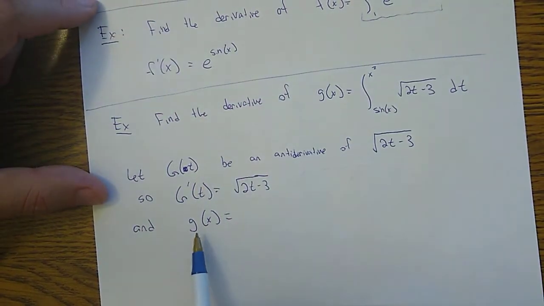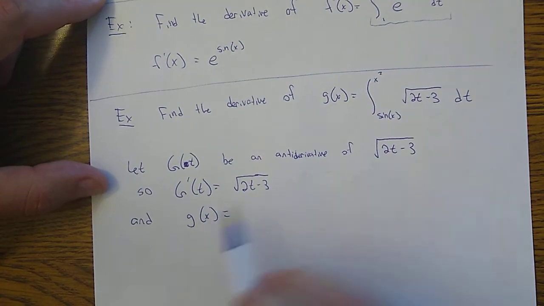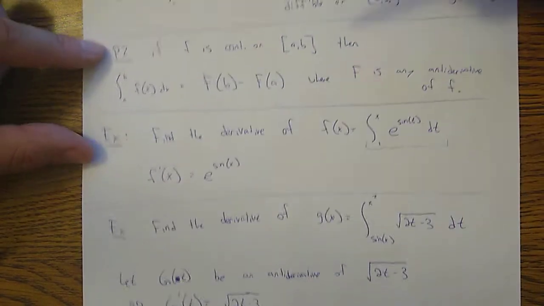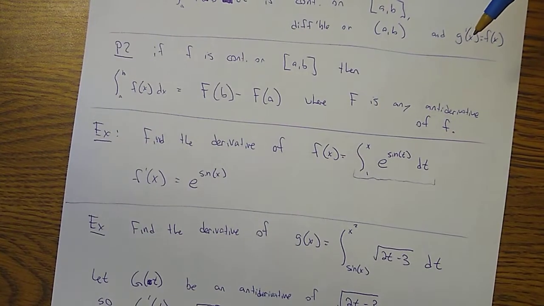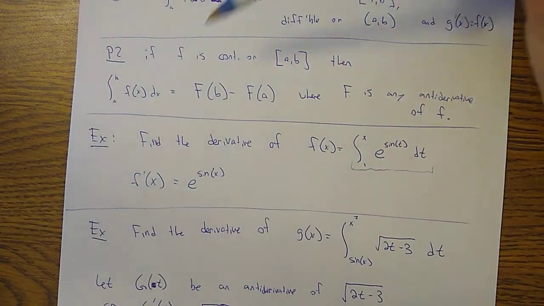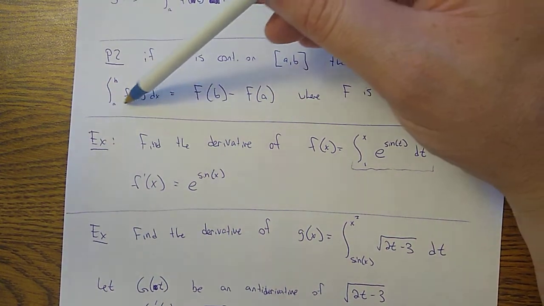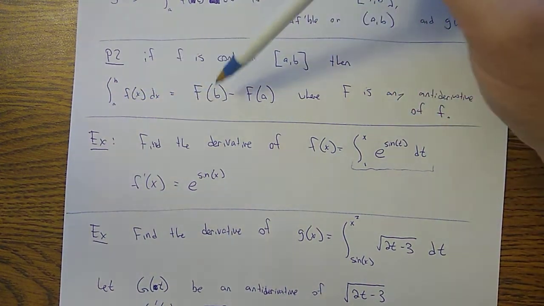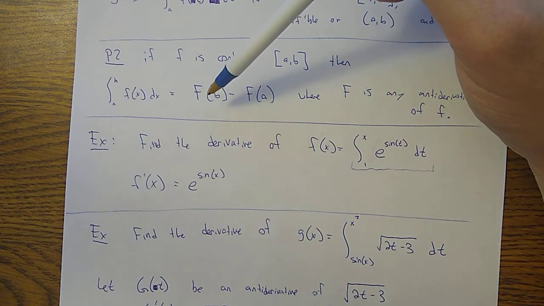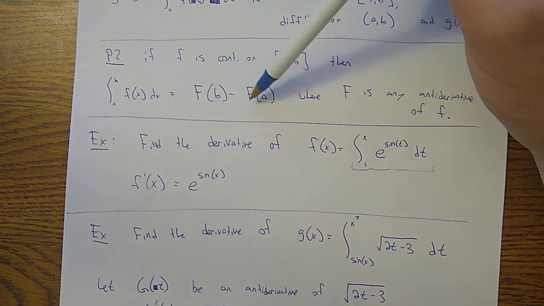Now it's easy for me to rewrite little g. Now I'm looking at part 2 of the fundamental theorem of calculus, which says in order to evaluate an integral, I can find an antiderivative of the inside function, and evaluate it here and here.